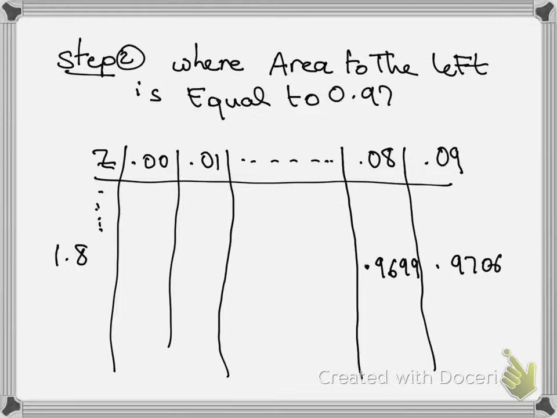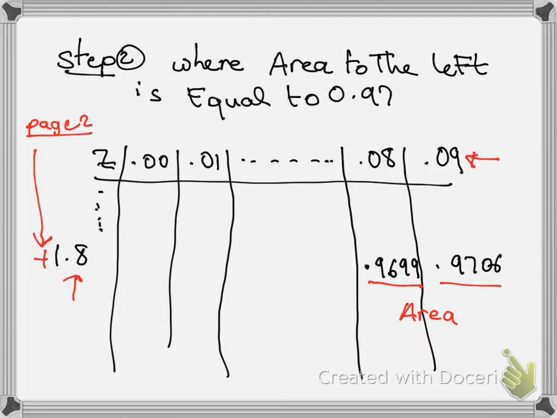Here again, guys, this is in the second page, page 2, because this is a positive 1.8. These numbers represent the area, and here are the values of z.